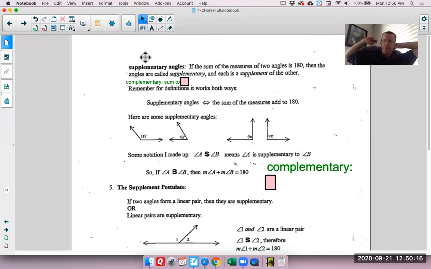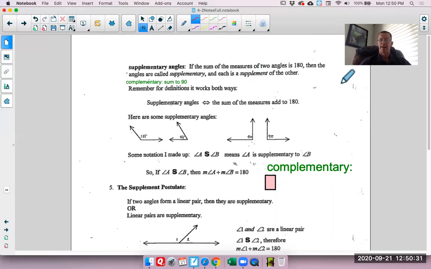All right. Complementary, same exact concept, except the two angle measures sum to 90 degrees. And I've got a real easy way for you to remember this. Watch this. Isn't 90 half of 180? Or in other words, two 90s makes 180, right?